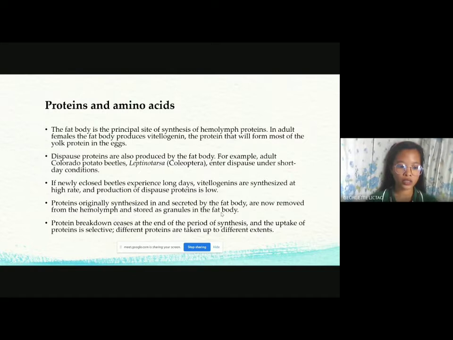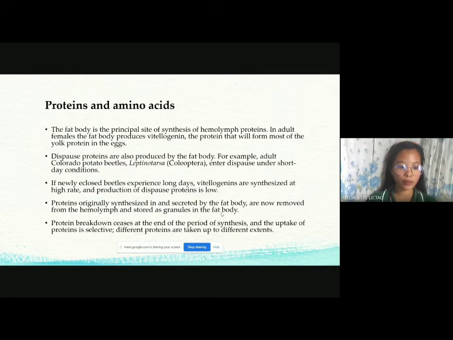In short days, less than 10 hours of light, however, relatively little beta-alanine is made, but most of the diapause proteins are produced.